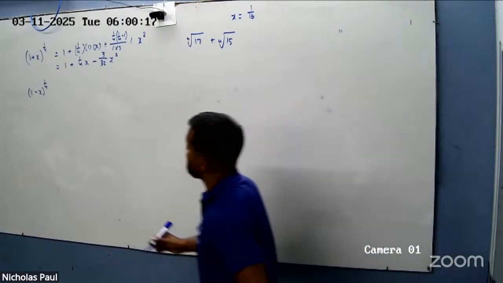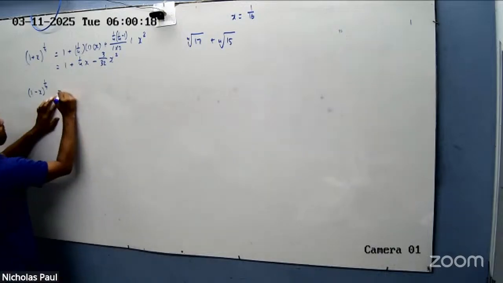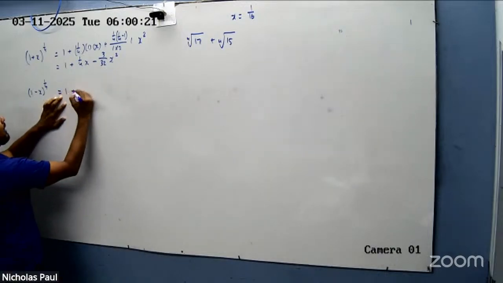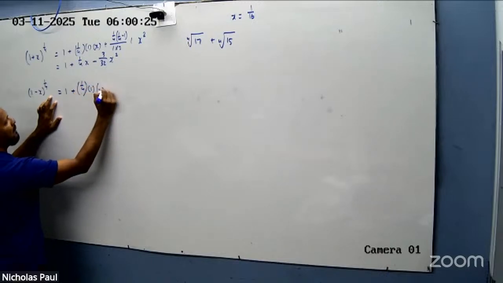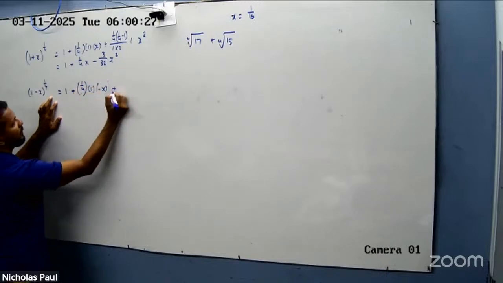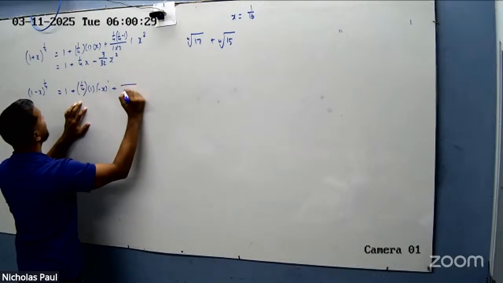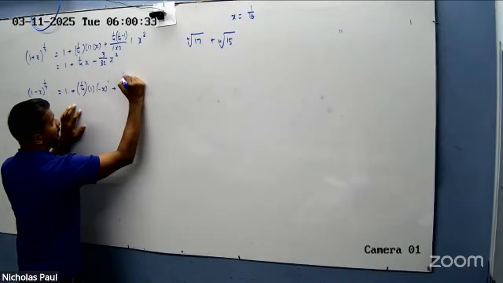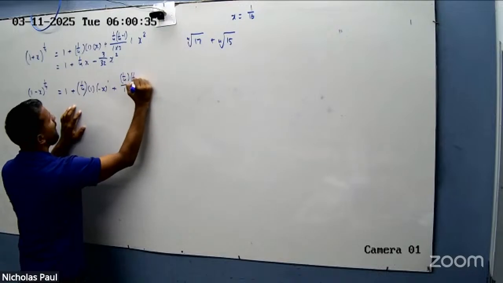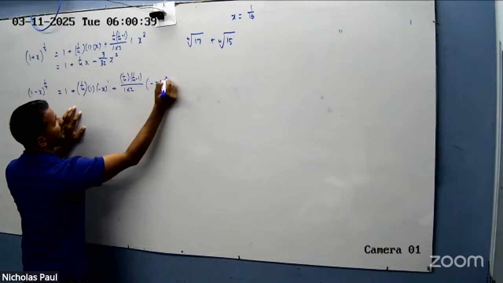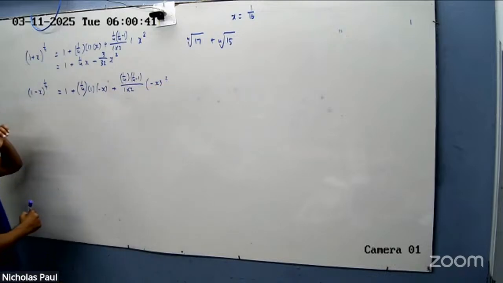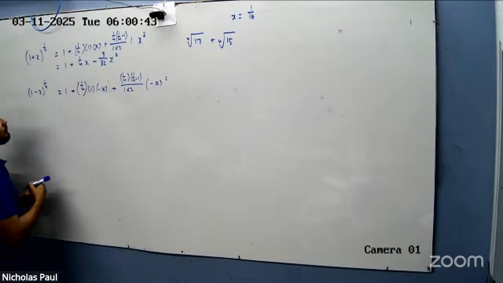Anyway, now you see, right? So this will be 1 plus a quarter by 1 by minus x to the power 1. Plus underneath here will be 1 by 2. On top will be a quarter by a quarter minus 1 by minus x squared.